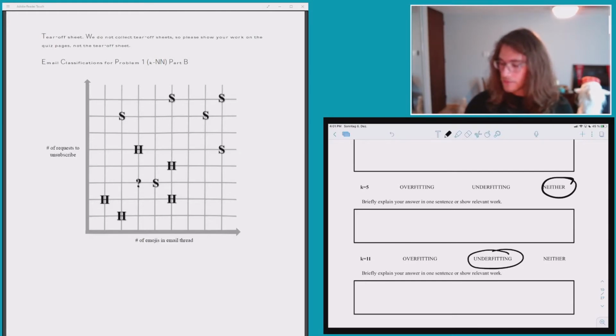And there were more S's, therefore any point that falls within the space is going to be considered an S, because the majority class is S. And that's what we call the data being smoothed too much, because we're only paying attention to the majority class.